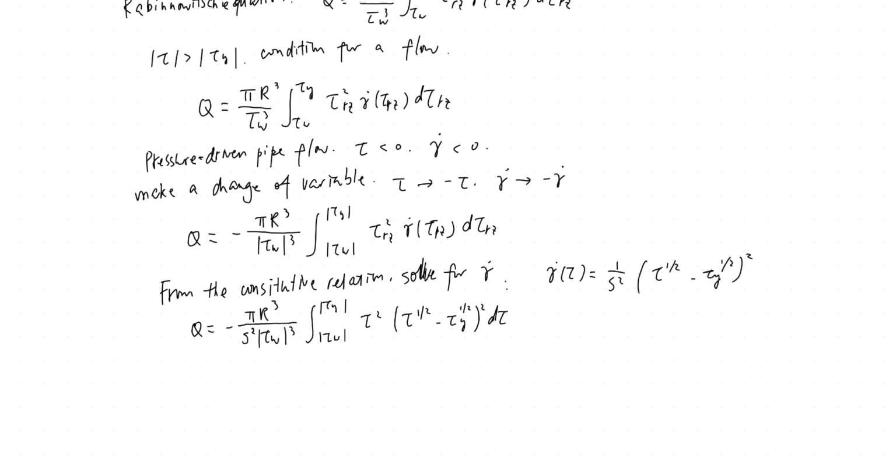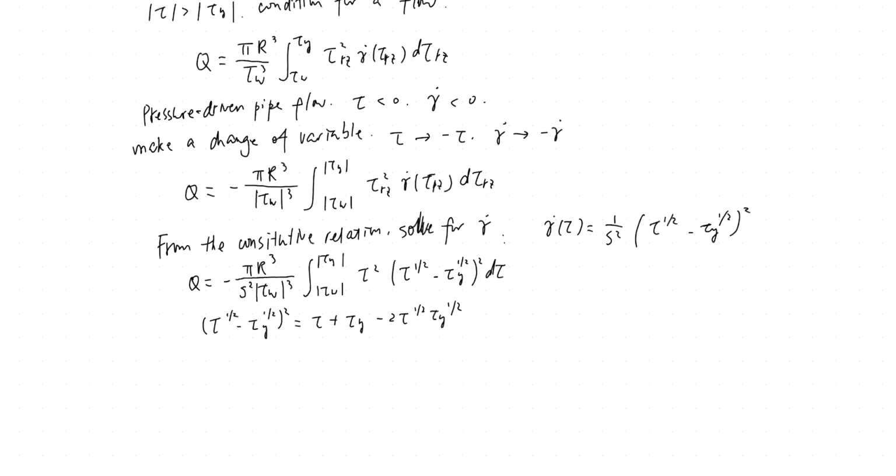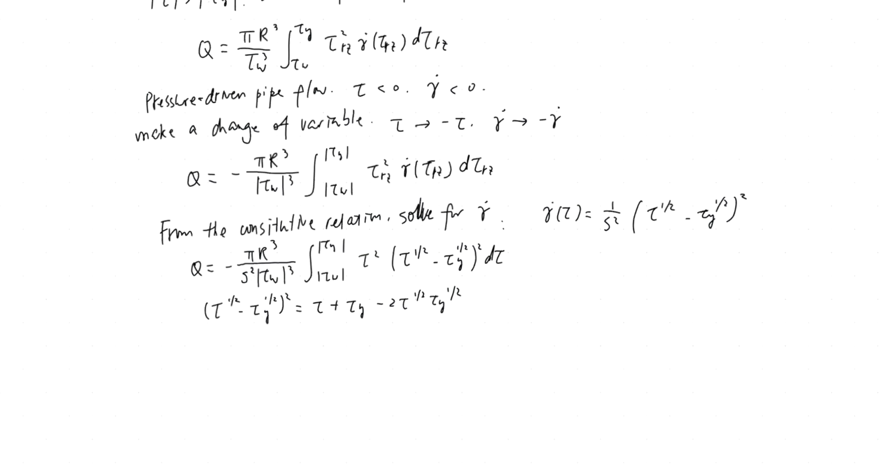You can expand this square term, which will be the same as what you learned in your algebra class. After expanding the square term, you can put it back into the Q, so we can rewrite Q.